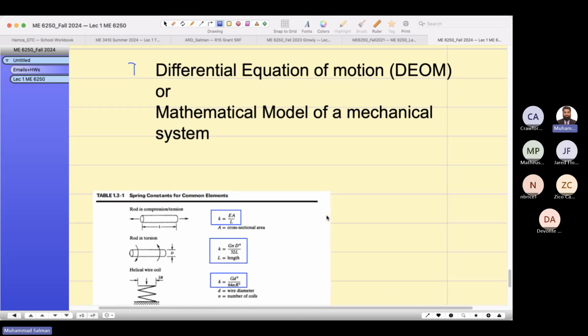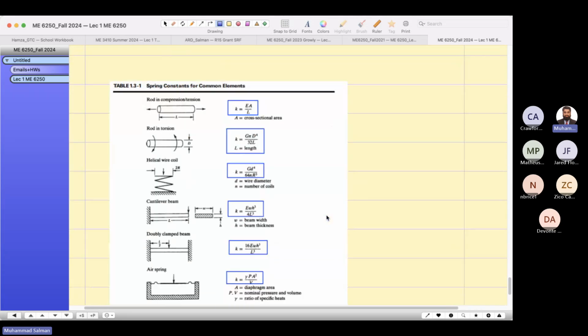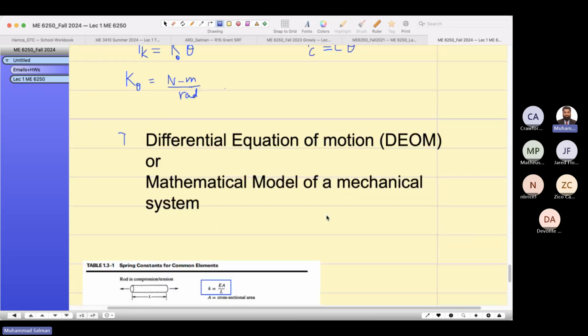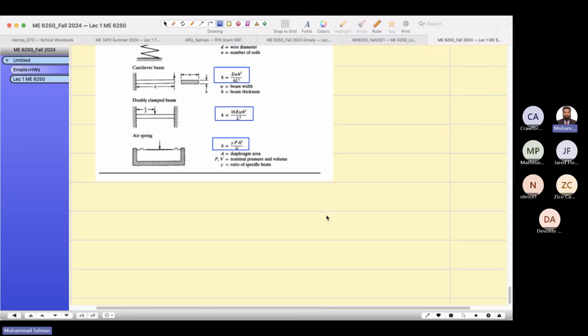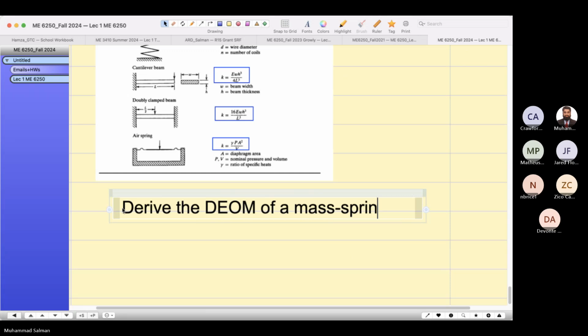Okay, so I want to show you one very quick example of a mass spring linear system. I will start from the simple case. Suppose you are asked to derive the natural frequency or the differential equation of motion of a mass spring system.